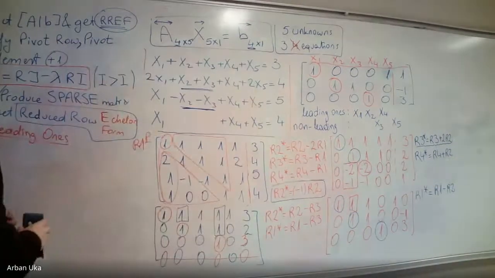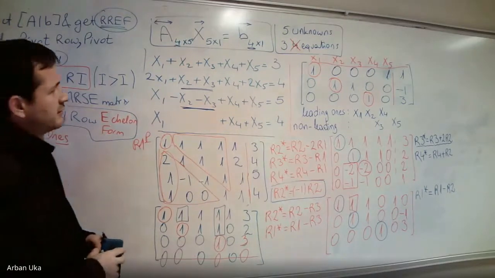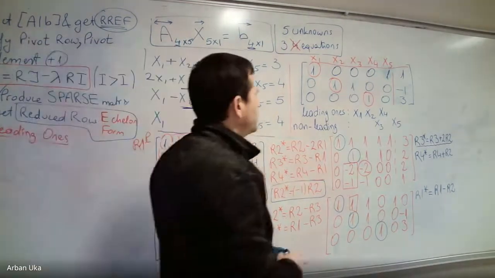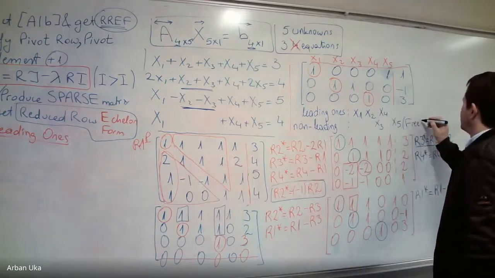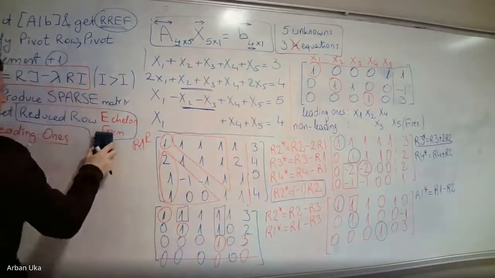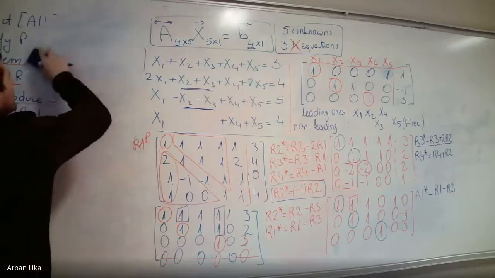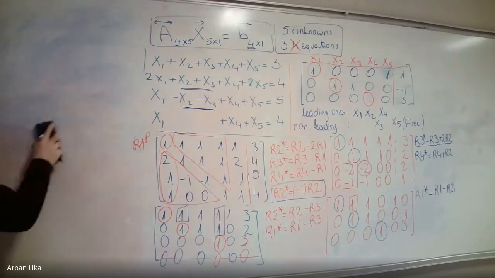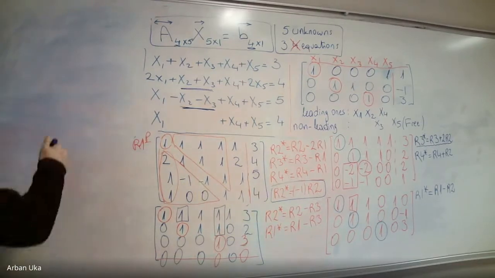So this was the procedure. Since x3 and x5 don't have a leading one, we call these free variables. So what is a free variable? I think we covered the relevant steps, but let's write x3 as a free variable.